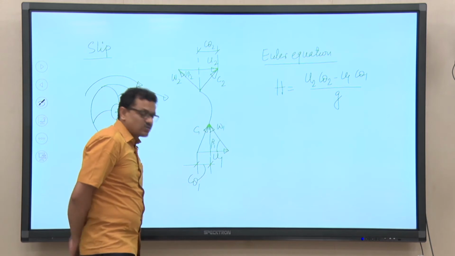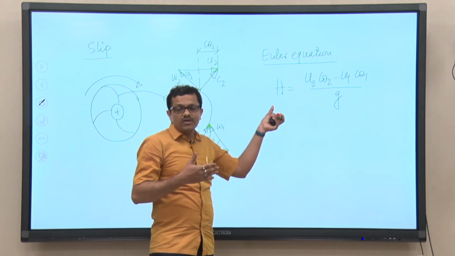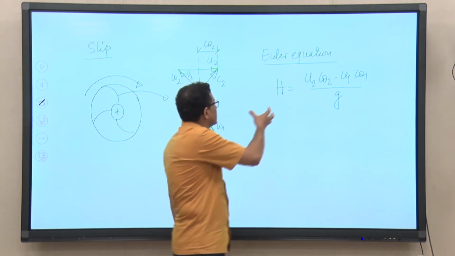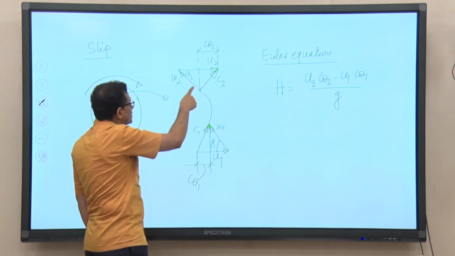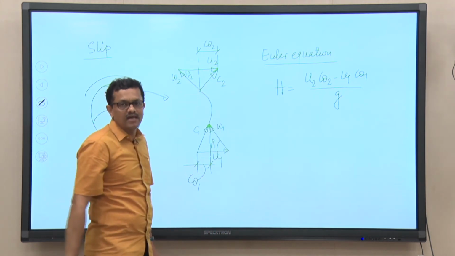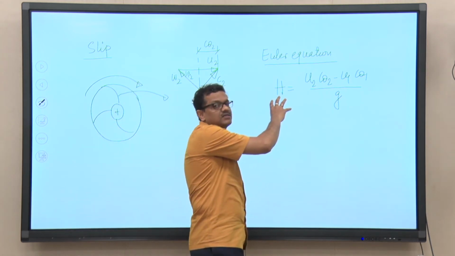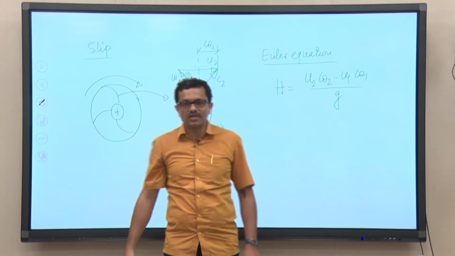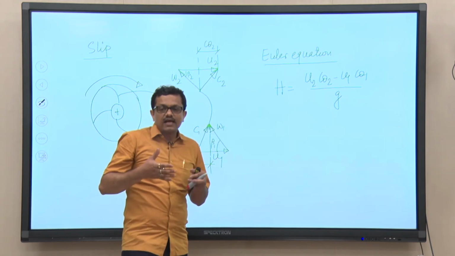Today also we are telling that the head predicted by the Euler equation is not achievable. If we try to calculate the head that will be developed by the pump, knowing the components of velocity c theta 2 and c theta 1, because we know the design parameters, this is the predicted head, but it is not achievable in real situation.